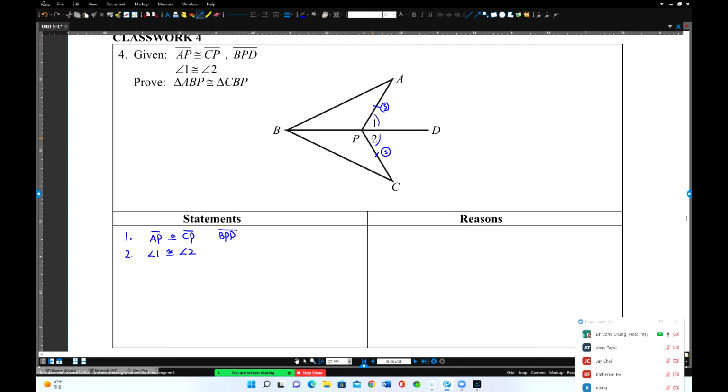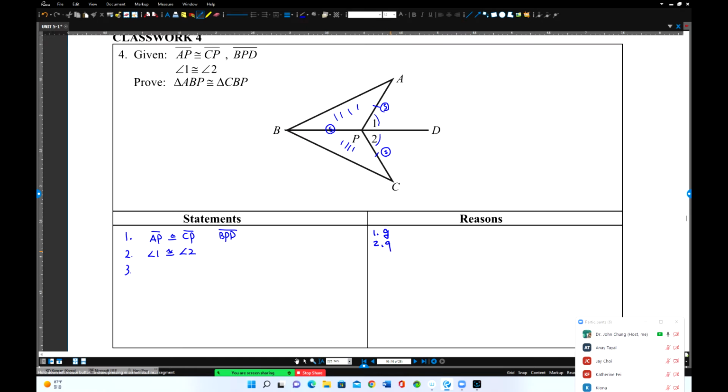So we have to prove triangle APB, this triangle, and the other triangle, we have to prove these two triangles are congruent, okay? So what is the reason there? One side already. Another side over here, right? They are reflexive. This is the first, a given.